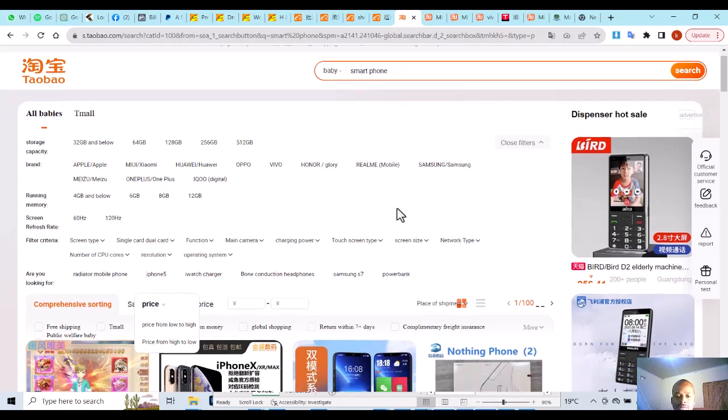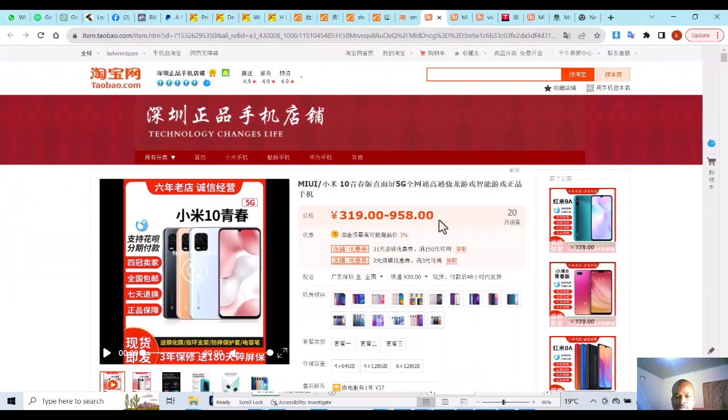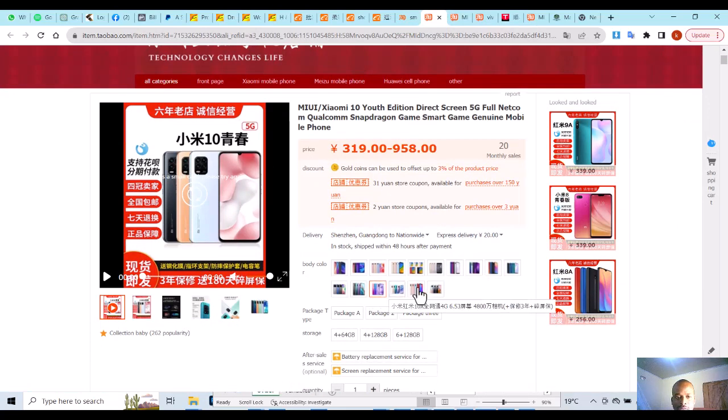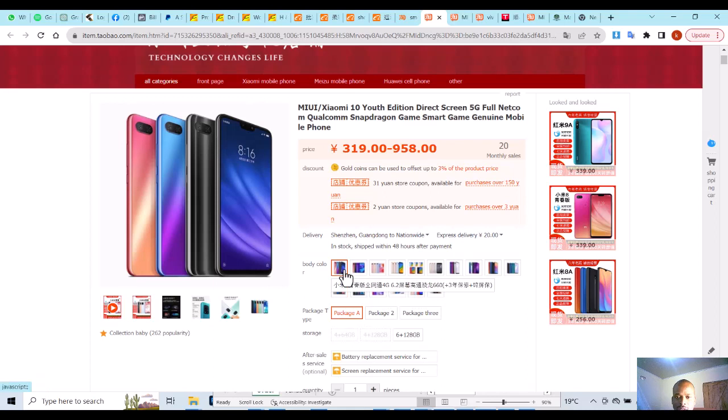Now the example that I did already. For example, these smartphones that are here. You can check them. They are cheap smartphones, like this one, starting from 519 yuan up to 958 yuan there.